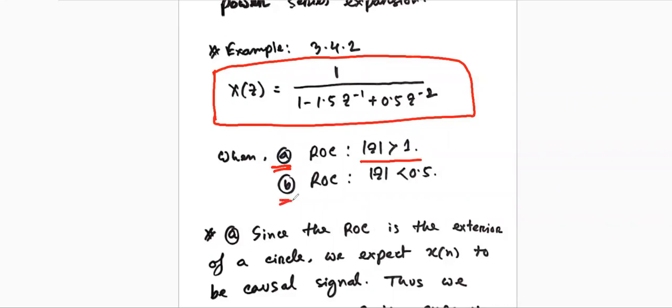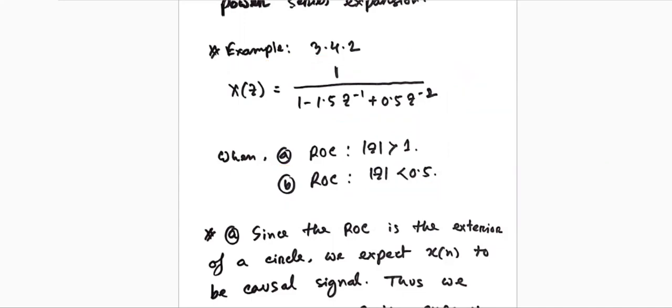And in B, it's given that the ROC is less than 0.5. So if I ask you one question, if we want to do A, how does the time domain sequence look? Will that be a right-sided sequence or left-sided sequence?